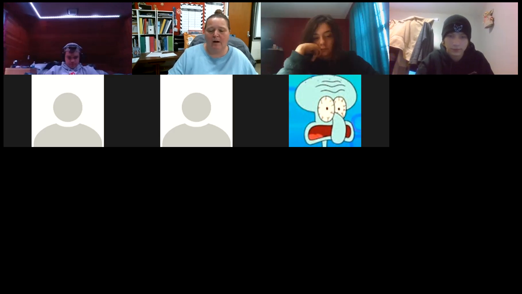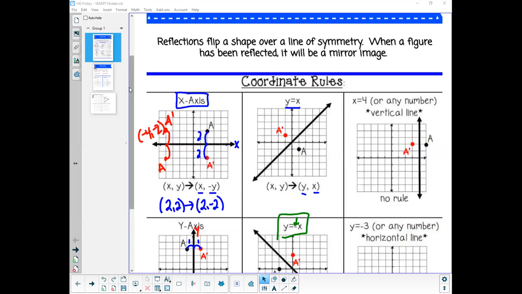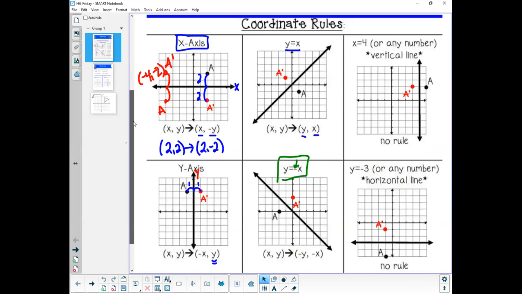I told you yesterday that we weren't gonna cover all the notes because we were gonna do part of them today. So today we're gonna focus on the horizontal and vertical lines.